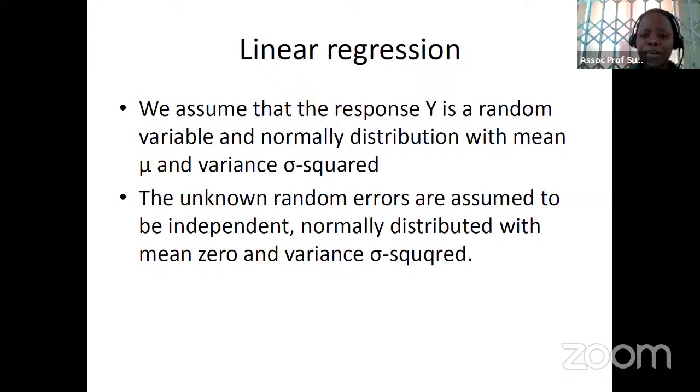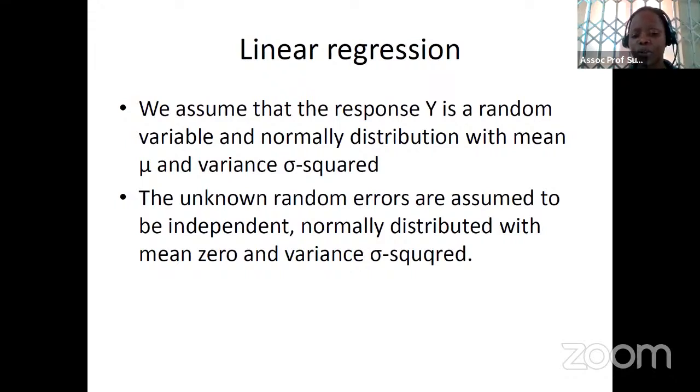So under regression, we have some assumptions. We assume that the response is a random variable, normally distributed with mean mu and variance sigma squared. We also assume that the unknown random errors, which I'm calling residuals, are independent, meaning they are not correlated, and normally distributed with mean 0 and constant variance sigma squared.